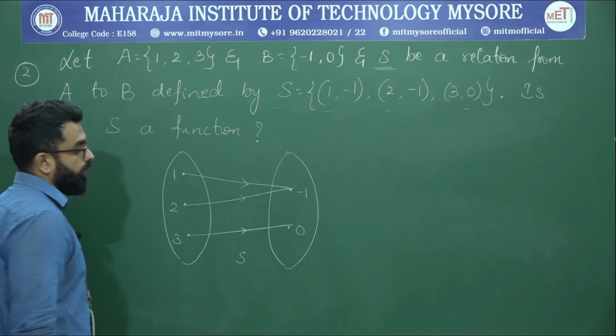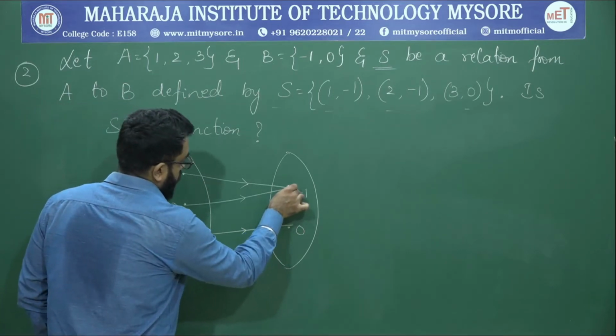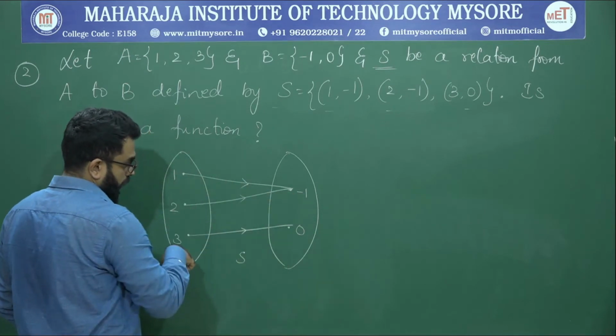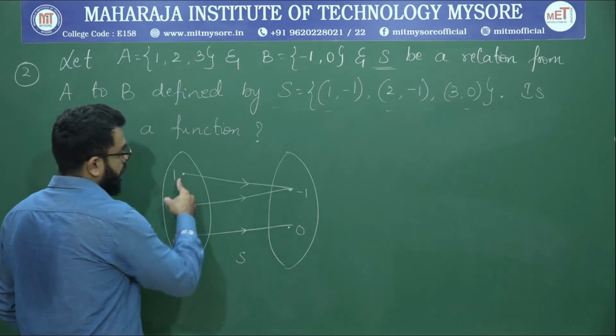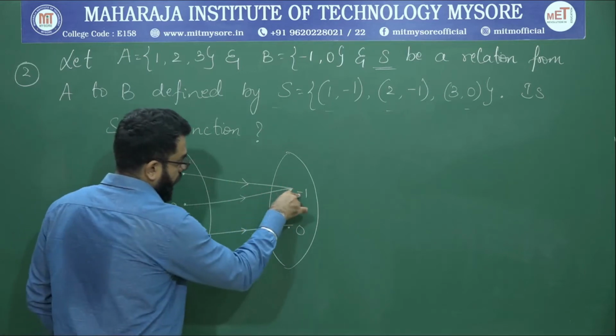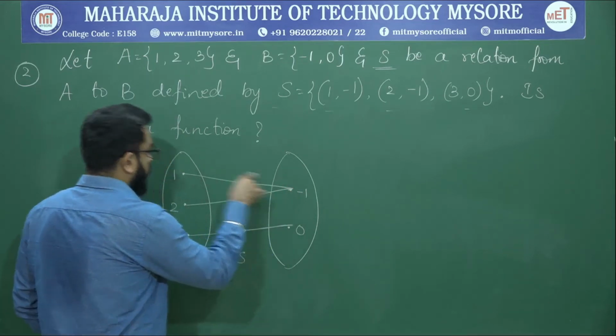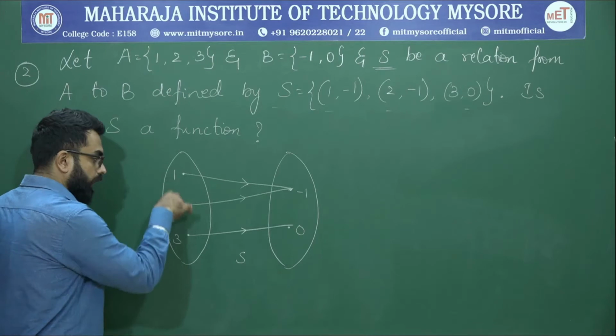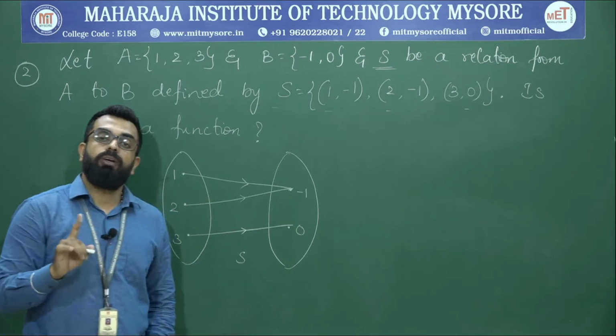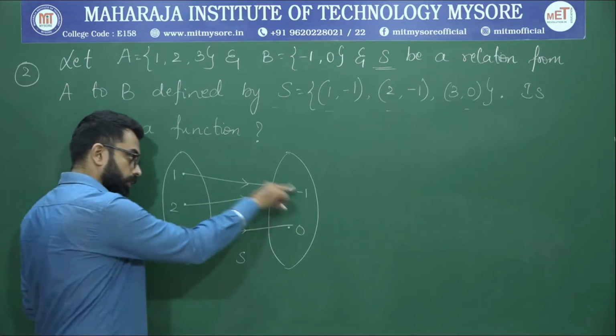In one of the observations, we have said that these are called the images of these elements, correct? So pre-images need not be unique. So what is the pre-image of this -1? Pre-images are 1 and 2, it need not be unique. That is one of the observations, but the images should be unique.